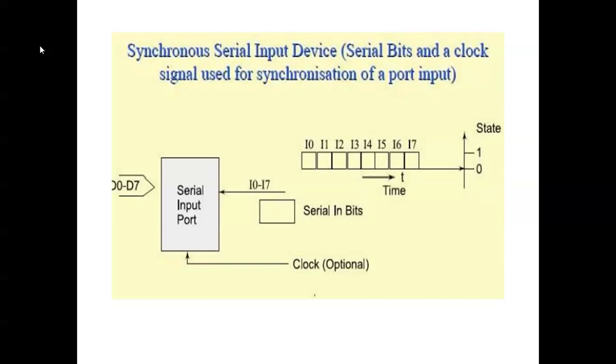They mention states zeros and ones because here we are using digital. Serial input bits, byte wise, are packeted and sent to the device. That is a serial input device. With respect to the clock signal, because of this clock signal, we can say this is a synchronous input device.